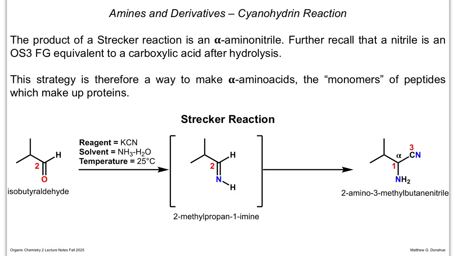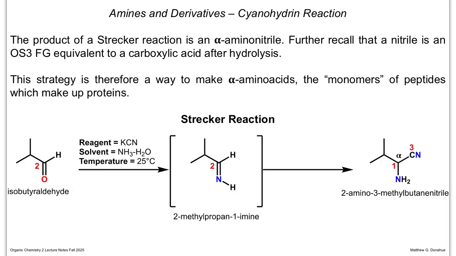So we can extend that alpha hydroxy, the cyanohydrin, into the alpha hydroxy acid as a strategy into making alpha aminonitriles.